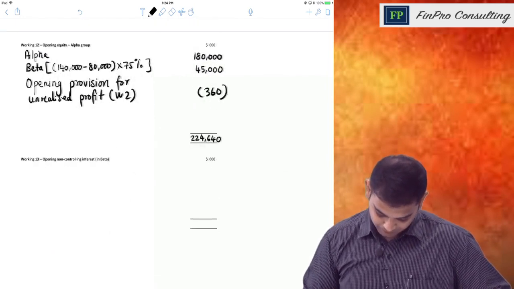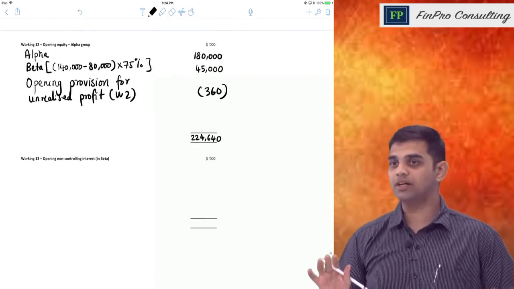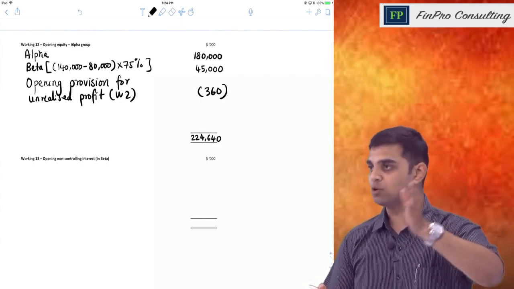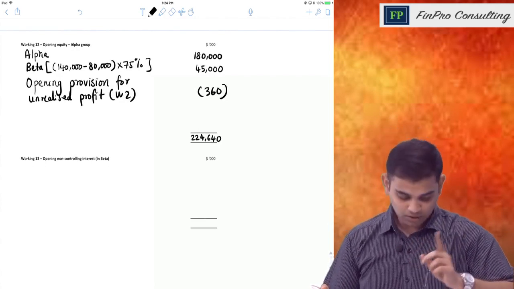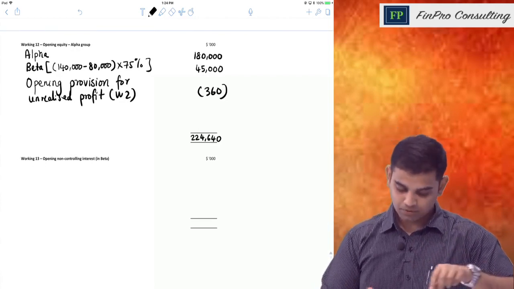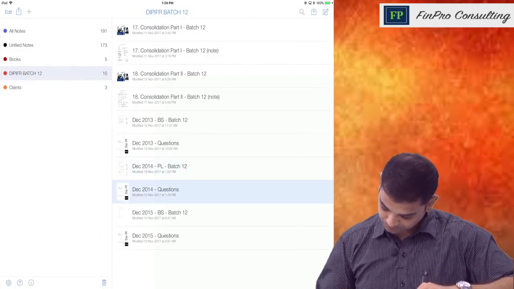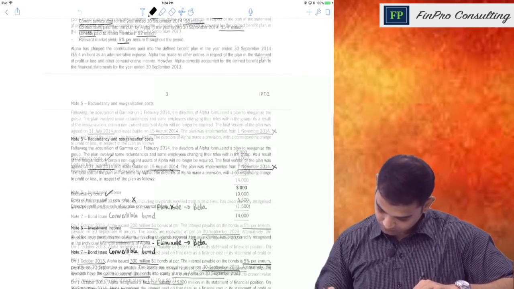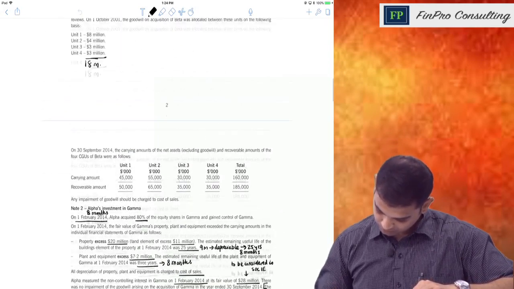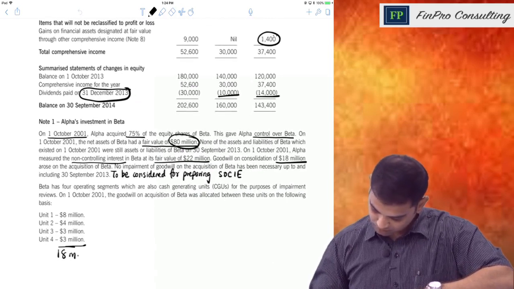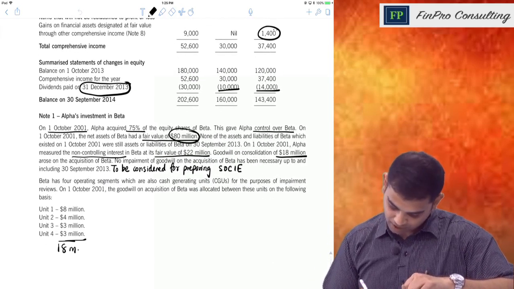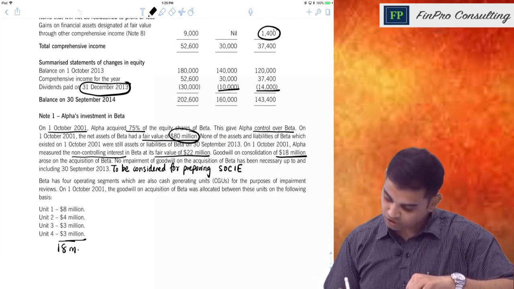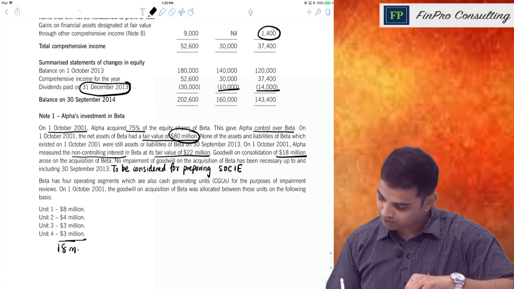See, non-controlling interest again comprises the NCI value as on the date of acquisition plus post-acquisition increase in profits. At the date of acquisition we have already written here: alpha arose on the acquisition of beta, on 1st October alpha measured its non-controlling interest at fair value at 22 million.